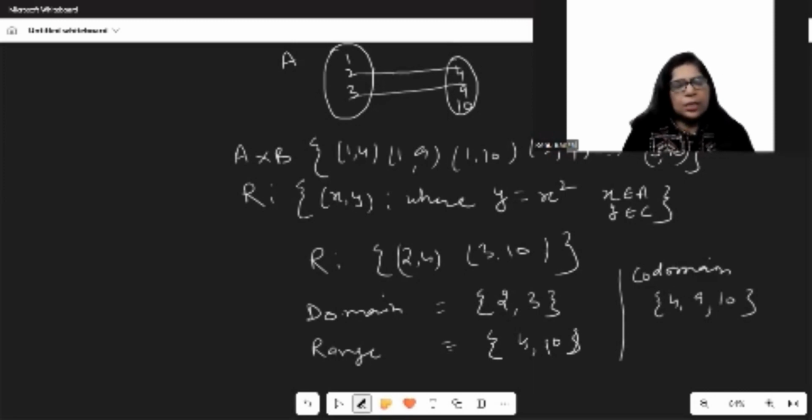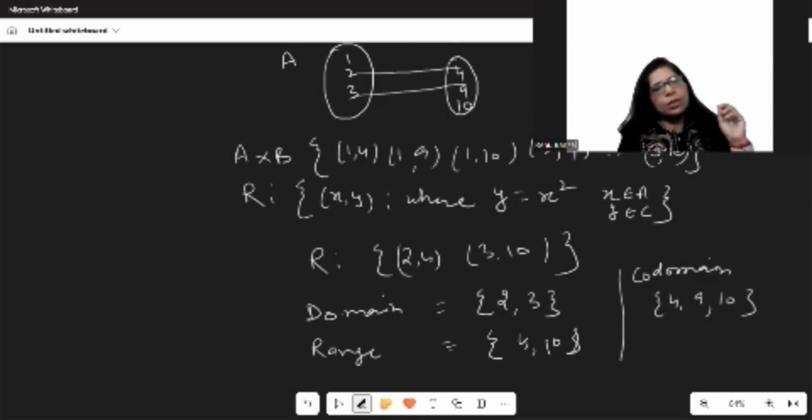So this is the previous recap of the topic relation. But now, for class 12, we will start doing types of relation. Fine.